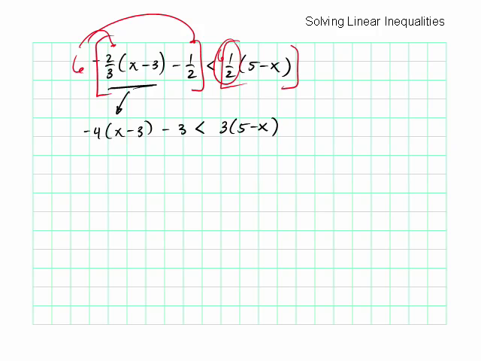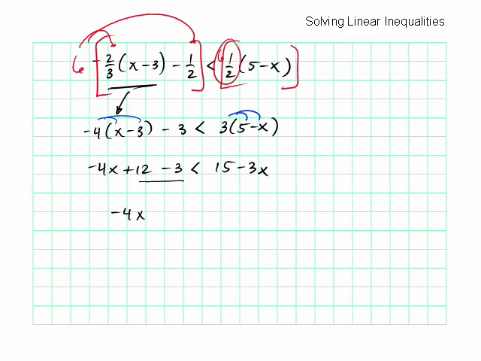So that's what we end up with if we multiply both sides by the common denominator. Next step is to distribute the negative 4 and the 3 to get rid of all the parentheses. So we've got negative 4x plus a 12 here. On this side, we've got 15 minus 3x. Let's combine those numbers there.